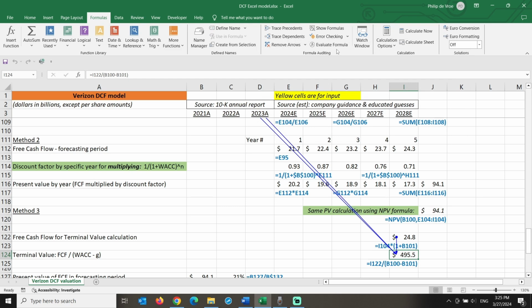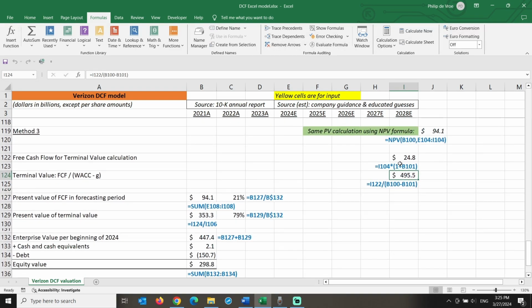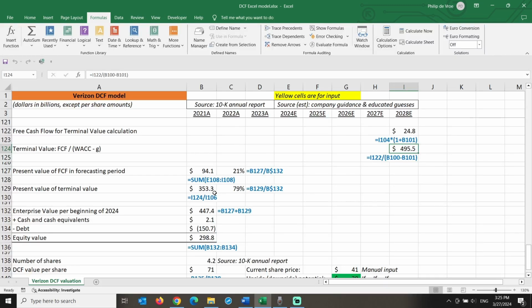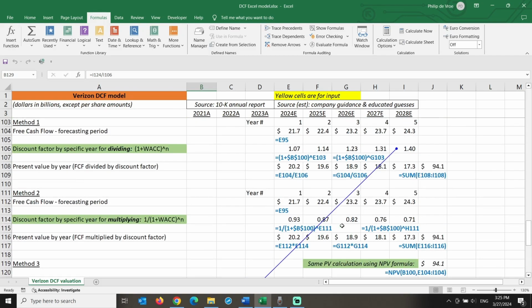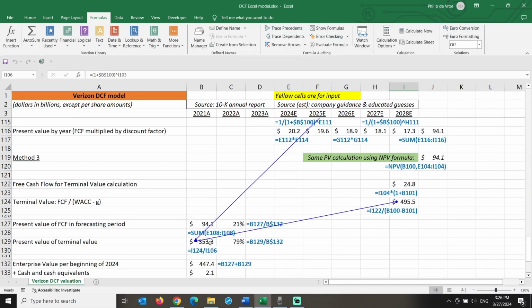The terminal value works out to a momentous number of $495 billion. However, that's the estimated terminal value in 2028, 5 years from now. That amount needs to be brought back to today's equivalent as well. $495.5 billion divided by year 5 discount factor 1.40 equals $353 billion.